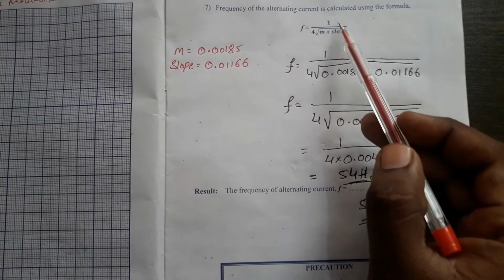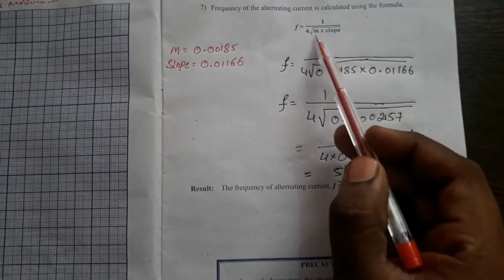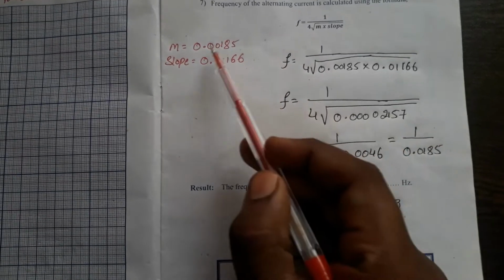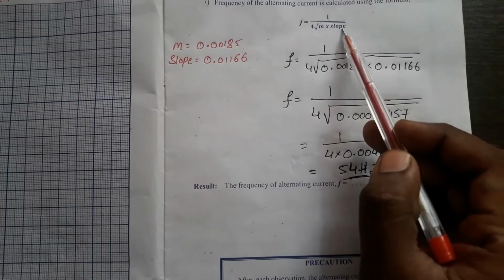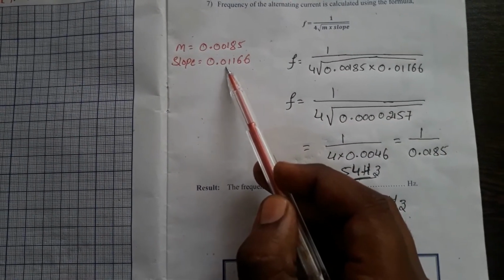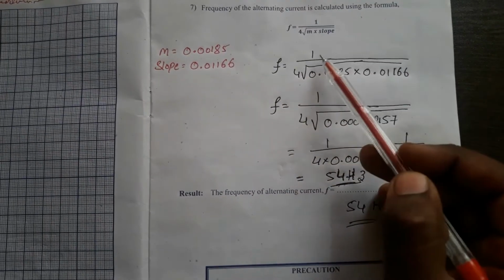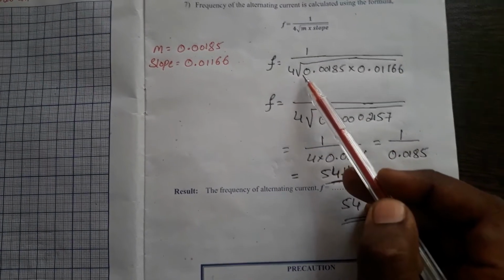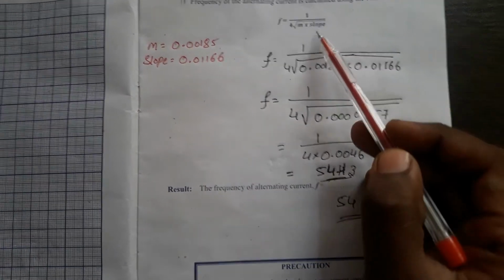Next formula, the frequency of AC: f is equal to 1 divided by 4 root of m into slope, where m is the mass per unit length, 0.00185, and the slope is 0.01166. Substitute here. So f is equal to 1 divided by 4 root of 0.00185 into slope.